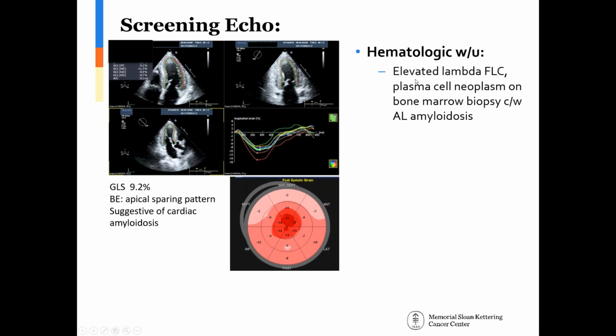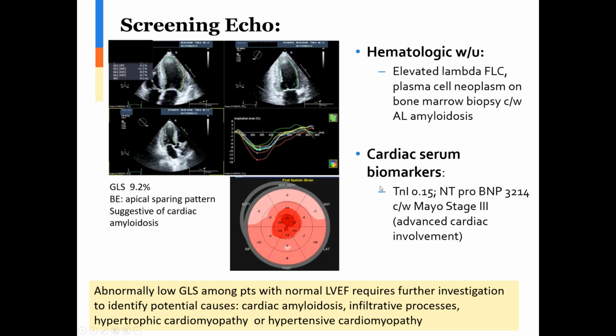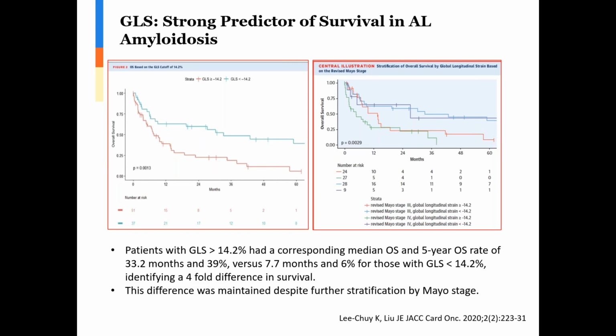This echo finding led to a hematologic workup, which confirmed the diagnosis of systemic AL amyloidosis, and the follow-up cardiac serum biomarkers indicated the presence of advanced cardiac involvement, Mayo stage 3. So the take home for this is that the abnormally low GLS among patients with preserved EF certainly requires further investigation, identifying potential causes such as cardiac amyloidosis or other infiltrative processes, hypertrophic cardiomyopathy, or hypertensive cardiomyopathy.